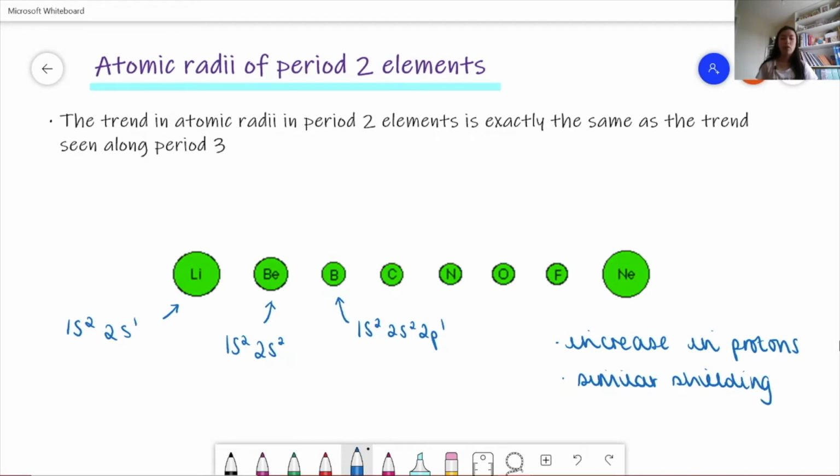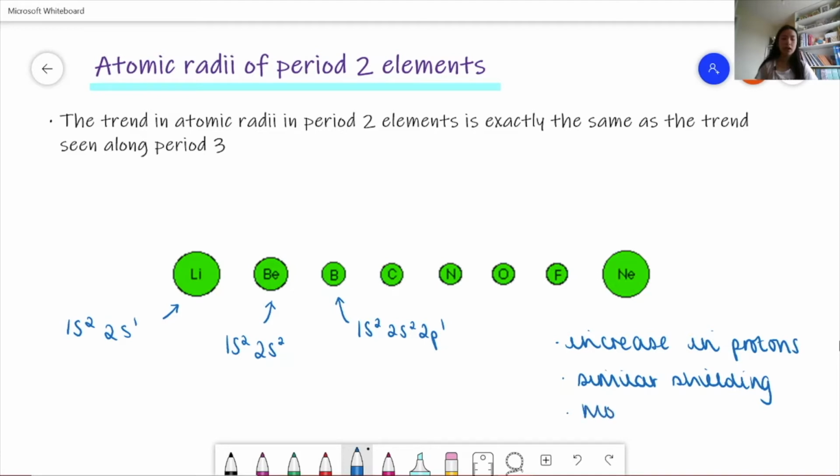And so what happens is that, for example, the outer subshell, the 2p, in boron will be more attracted to the nucleus compared to the outer subshell of lithium, which is the 2s.